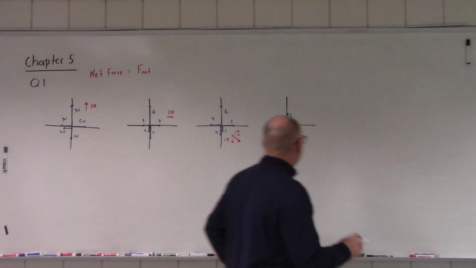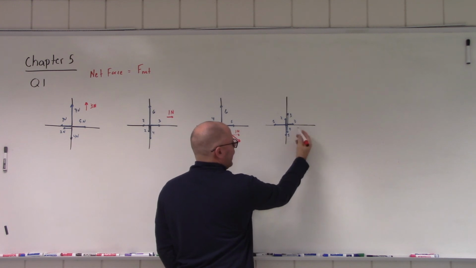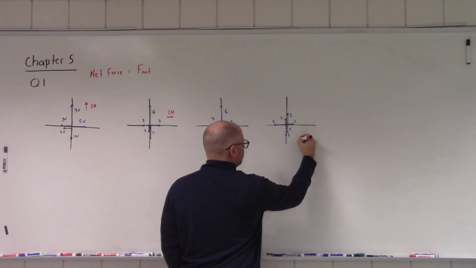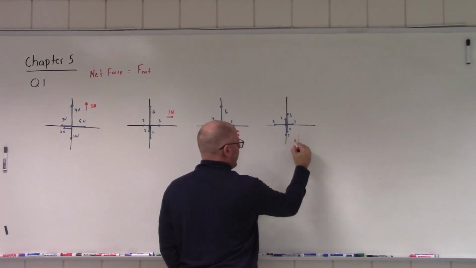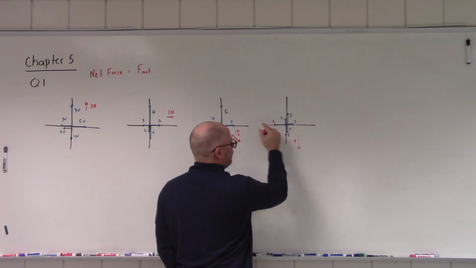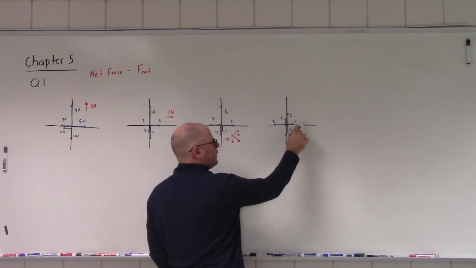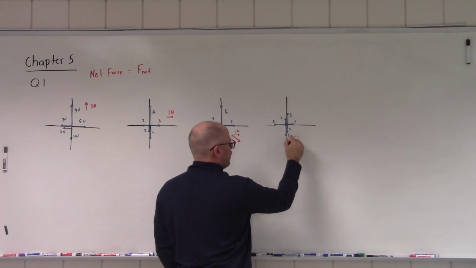Okay, let's redo this one. So up I have a total of 5, down I have a total of 9. So I have an extra 4 in the down direction. Here, I have 2 to the left and 3 to the right and 5 to the left, which gives me 4, 2.